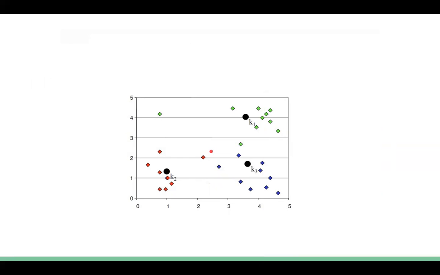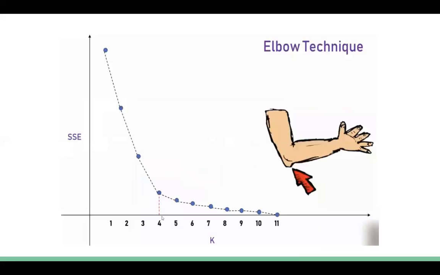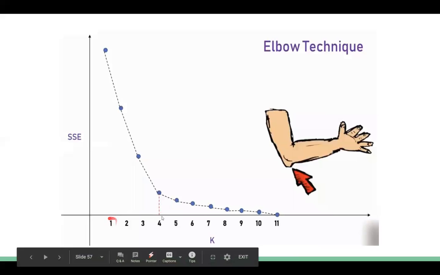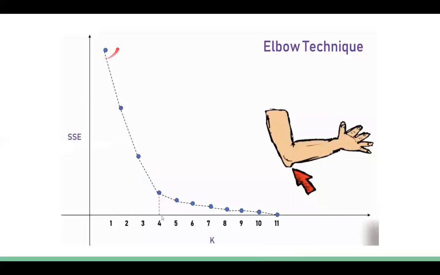That means all the points are under a single cluster, which is actually not a correct one, right? So when you calculate the sum of the squared errors, the error will be very high. So you can see that when k equals 1, only a single cluster, the error is very high.